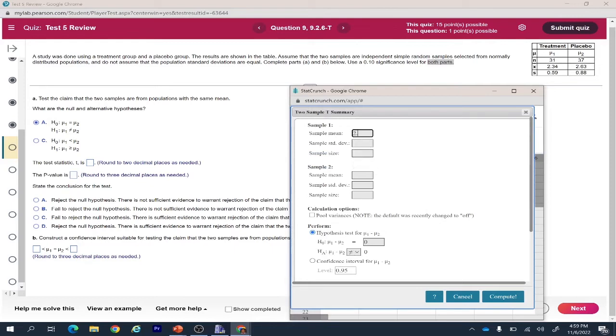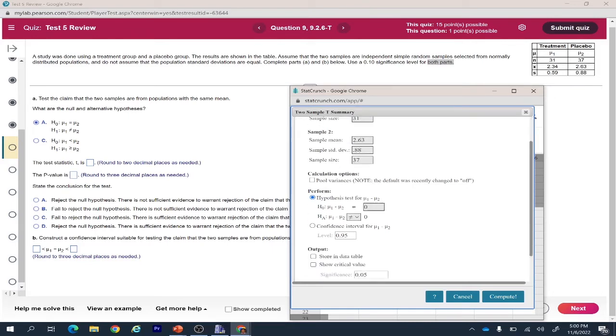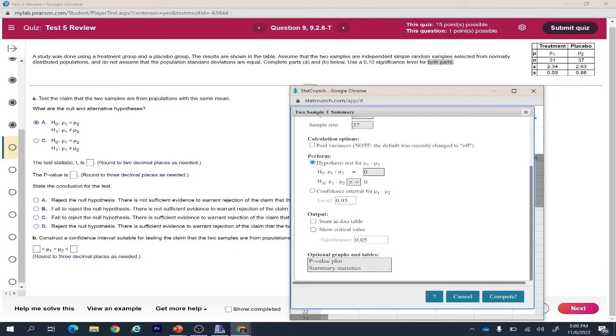Sample standard deviation is 0.59. Sample size is 31. Similarly for sample 2, the mean is 2.623, the standard deviation is 0.88, and the sample size is 37. And for the hypothesis test, the difference should be 0, because they should be equal, and the alternative is that the difference between them is not equal to 0.